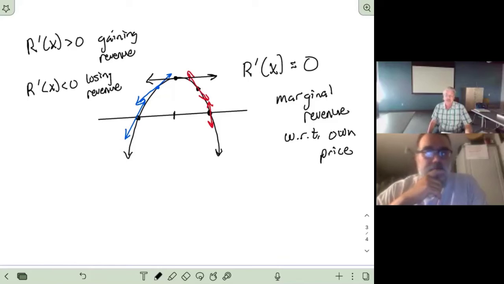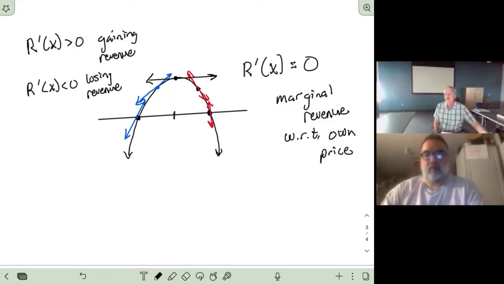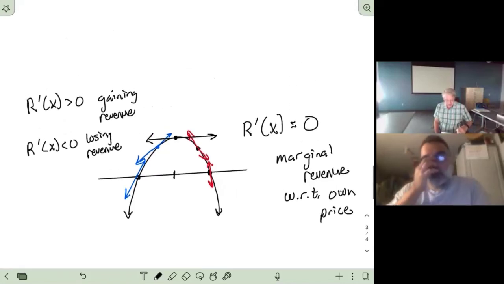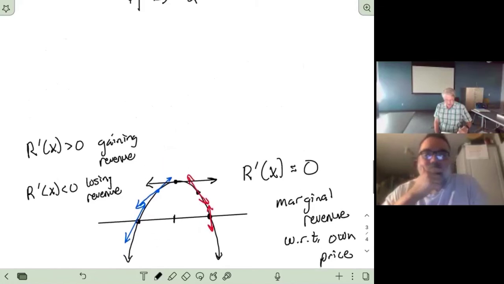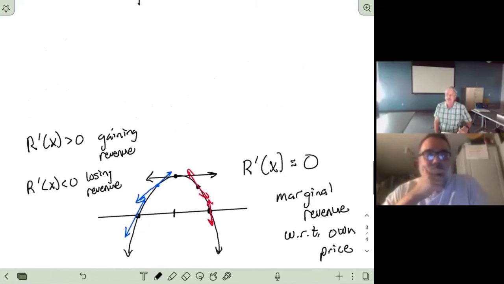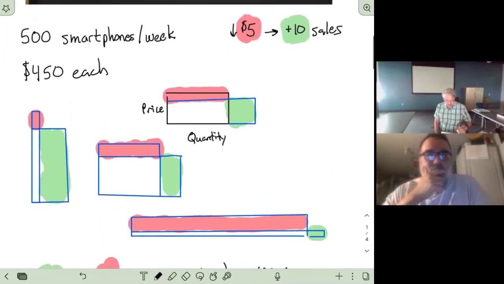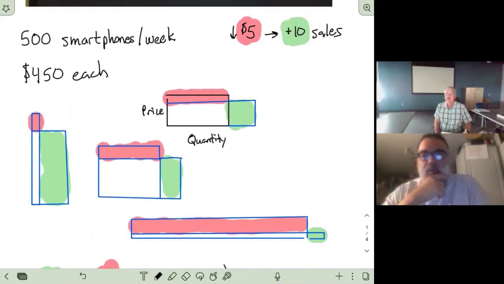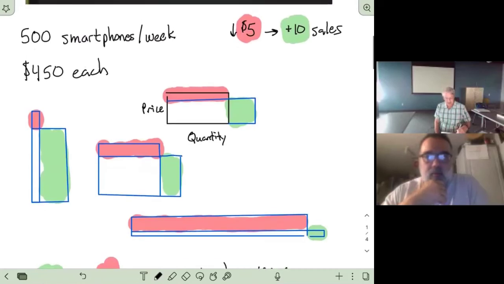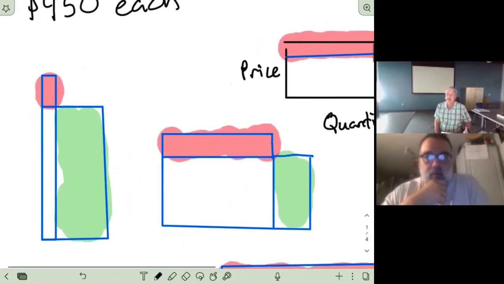Or prices of electricity might affect how much people want to buy a cell phone. That's why the own price is there. I think there is a lot going on in this problem, even though it's relatively simple. One of the reasons I picked it is that geometric representation: there are a lot of problems that first year calculus students are asked to analyze that look like the rectangles.